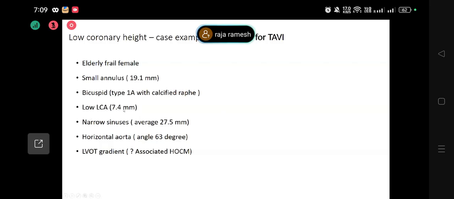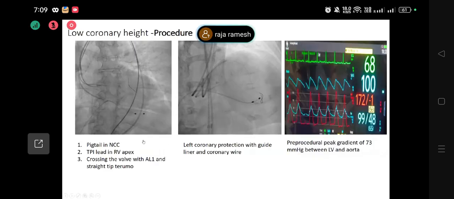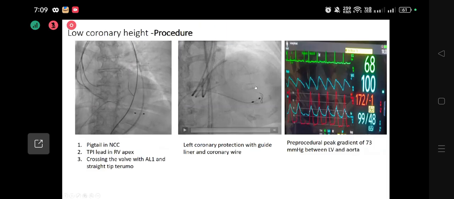So what we have done in this patient is choose a protection strategy called coronary protection, with a guide liner and wire inside the left coronary artery while deploying the valve. We have chosen a balloon expandable valve in this patient. Similarly, again, the pigtail and pacing. The extra thing here is the coronary guide liner and a wire in the left coronary.